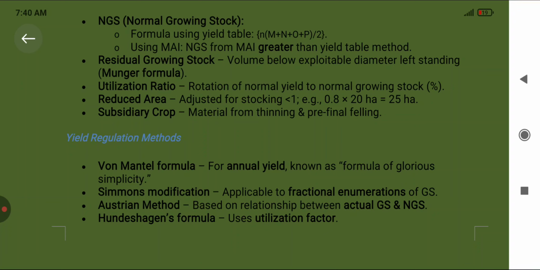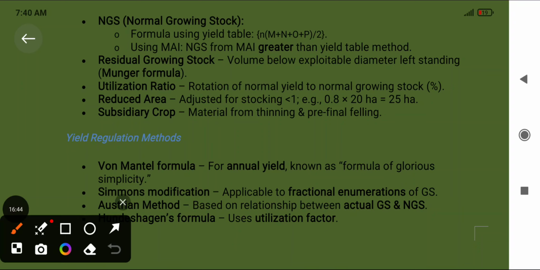And growing stock and normal growing stock formula using yield table. N equals m plus n plus o plus p by 2 using MAI. Normal growing stock formula: main MAI greater than yield table method. Residual growing stock: volume below exploitable diameter left standing.